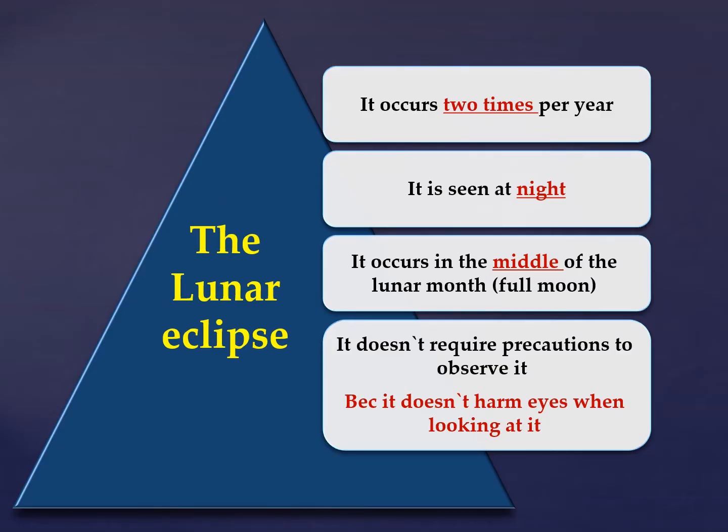Now I'm going to talk in details about the lunar eclipse and no more information. The lunar eclipse occurs twice per year, and 1982 is the only time in which a lunar eclipse occurred 3 times. It occurs also in the middle of the lunar month, at the full moon phase, when the Earth hides all the sunlight or part of it from the moon.